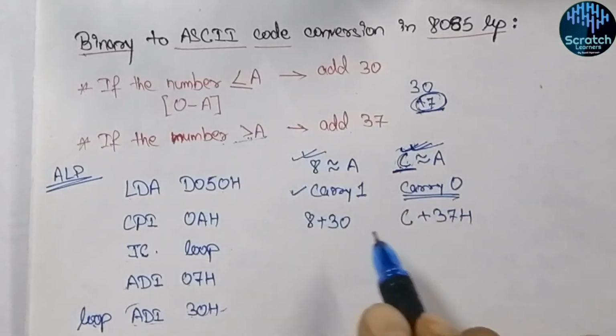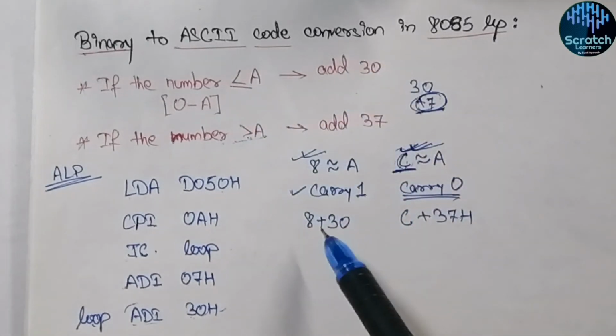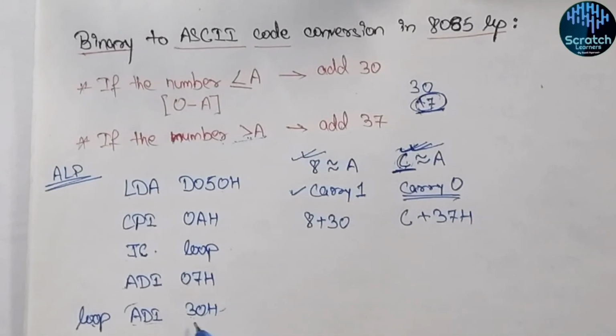And that's what we need to do. 8 is lesser than A, so we will add 30 with that data. Okay, so I hope you are understanding this. This 30 hex is being added in both the conditions, but the main condition is being applied for this addition of 7 hex data. So after this execution, our result is in the accumulator, that is the equivalent ASCII code.